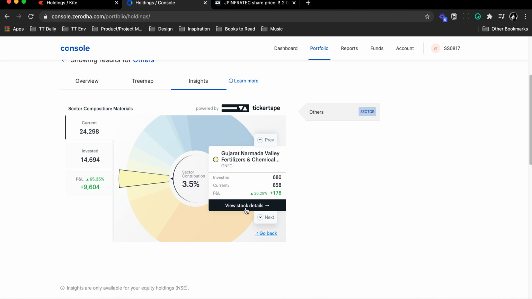And lastly, we have the view stock details section, and this will take you to Ticker Tape so that you can perform an even more in-depth analysis and analytics on your particular company. In this case, this is Gujarat Narmada Fertilizers and Chemicals, right?